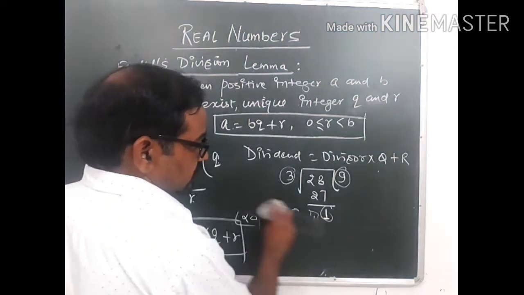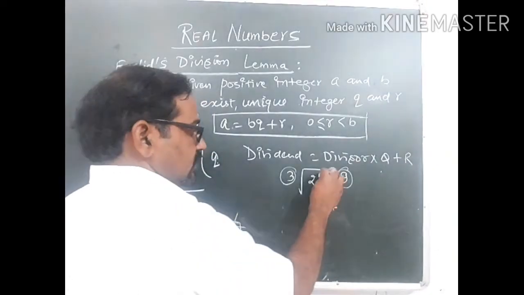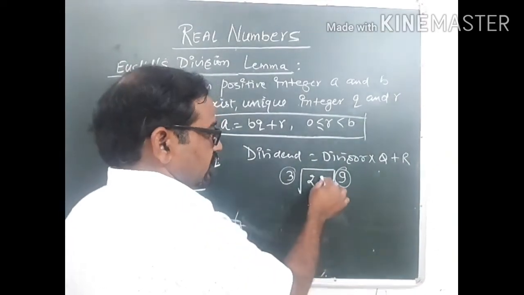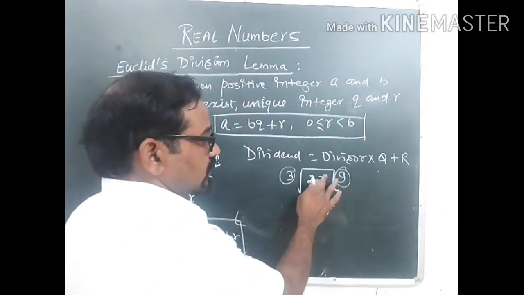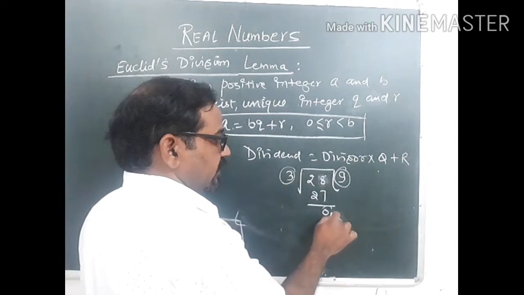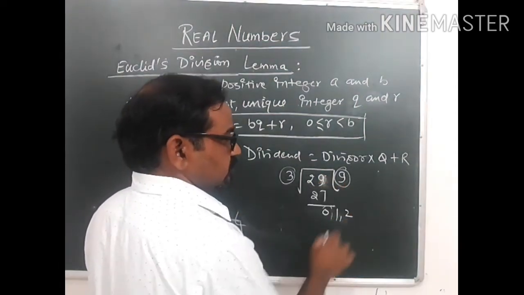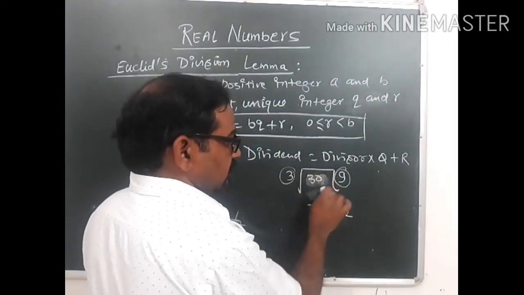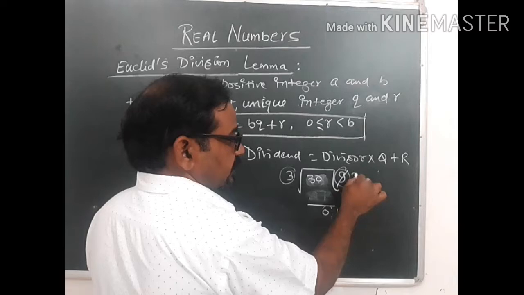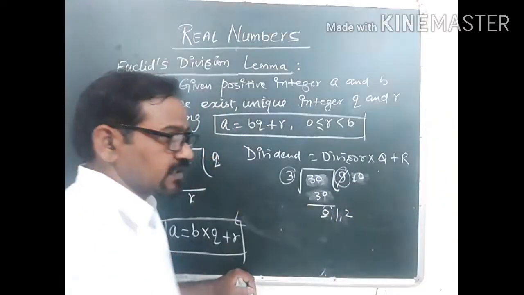How? In this case 28 divided by 3: if there is 27, then remainder is 0. If there is 28, then remainder is 1. If there is 29, then remainder is 2. If there is 30, 3 tens are 30, then remainder is again 0.